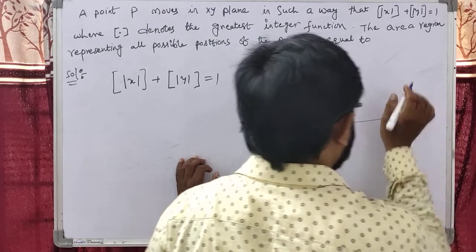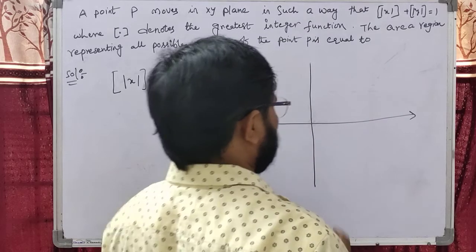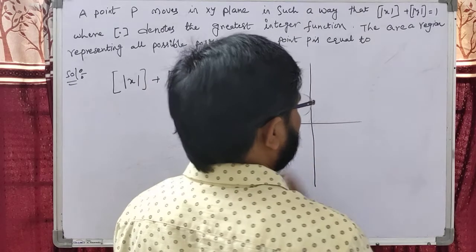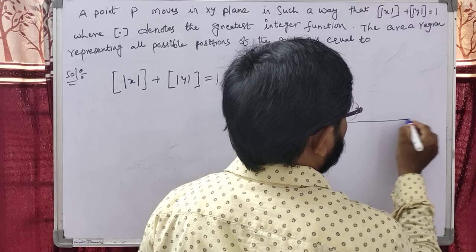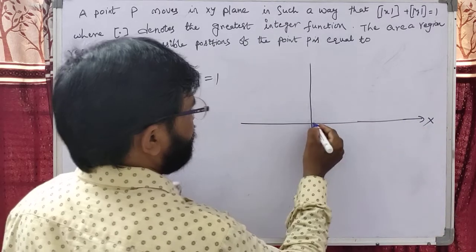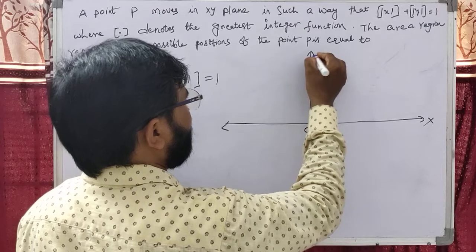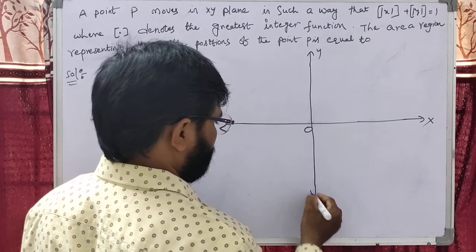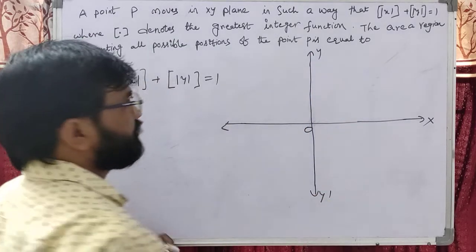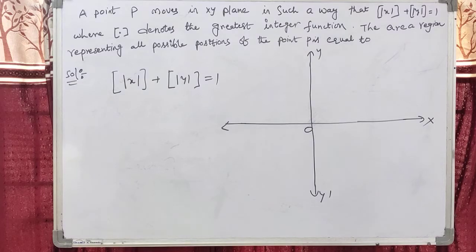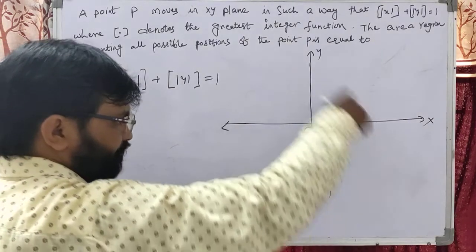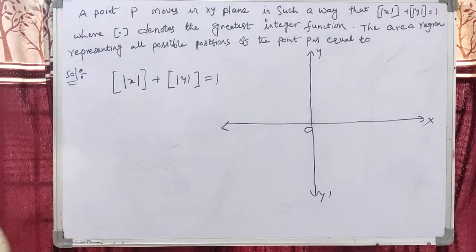When we take the horizontal and vertical lines, please concentrate here. This is x, this is x dash, this is y, this is y dash. The point P lies in the coordinate plane, the xy plane, okay students.